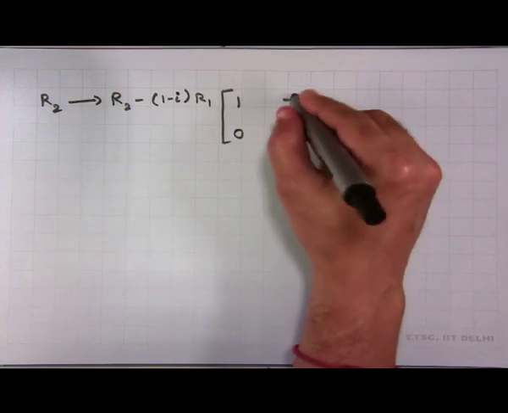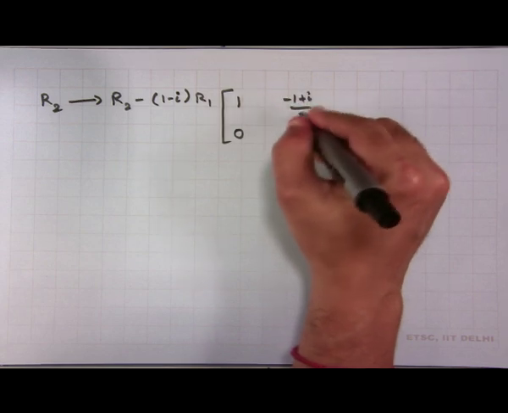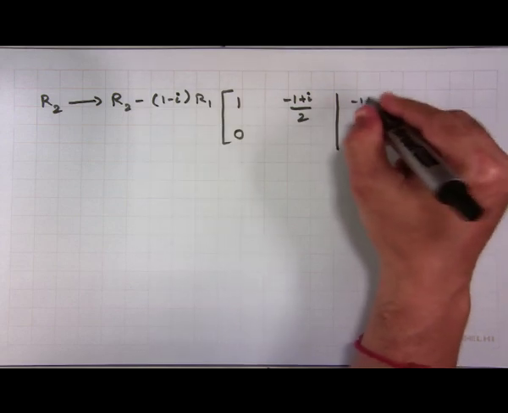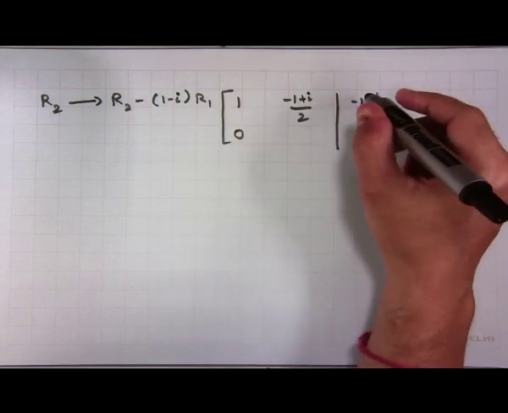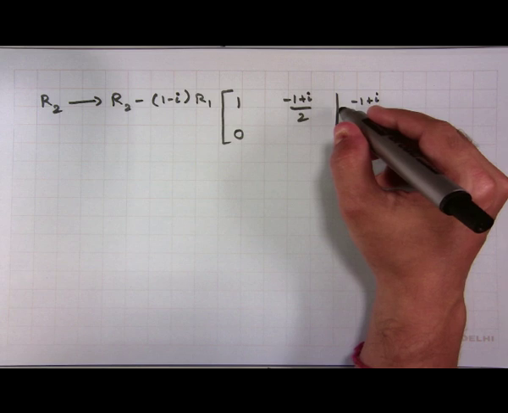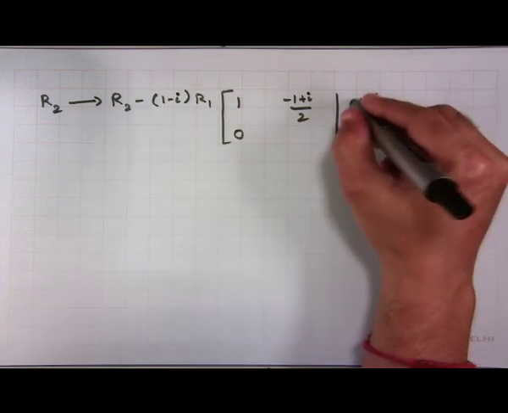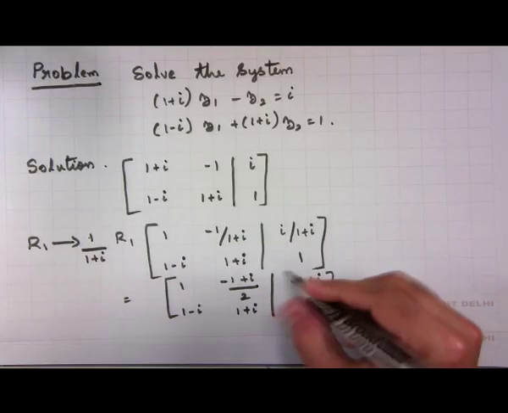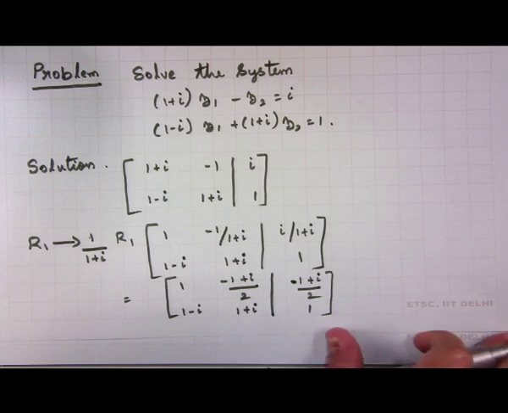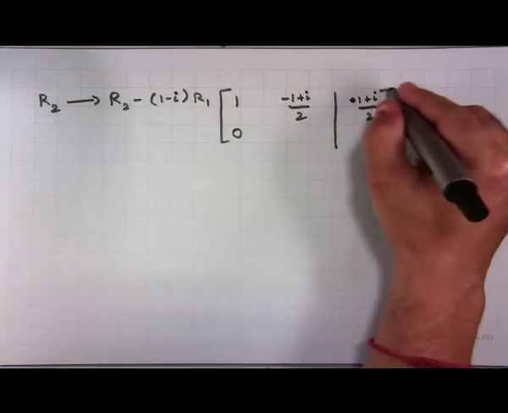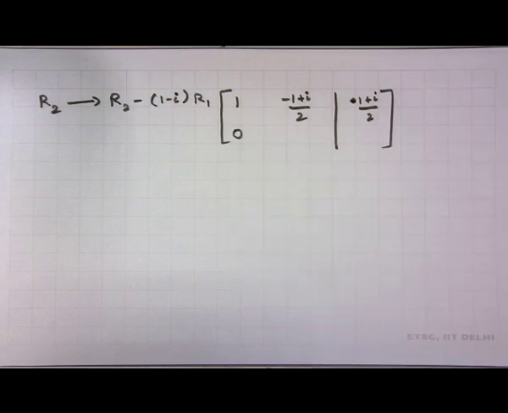You will have 1, 0 and minus 1 plus i upon 2, and augmented with 1 plus i upon 2. Sorry, it is going to be 1 plus i upon 2. Yeah, even in the previous one it is just 1 plus i upon 2.